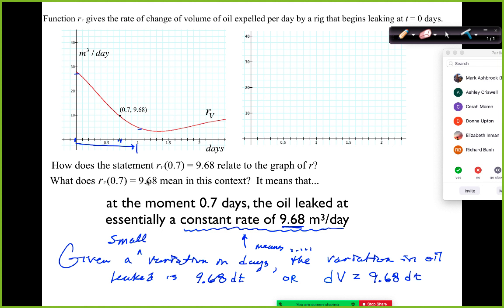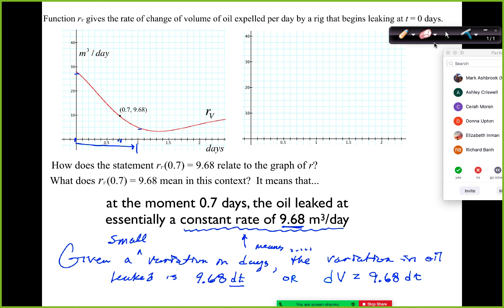What's relevant is variations of time within a very small moment, right? So given a small variation in days, within the moment at 0.7 days, the variation in oil leaked will be 9.68 times that variation in time, dt.